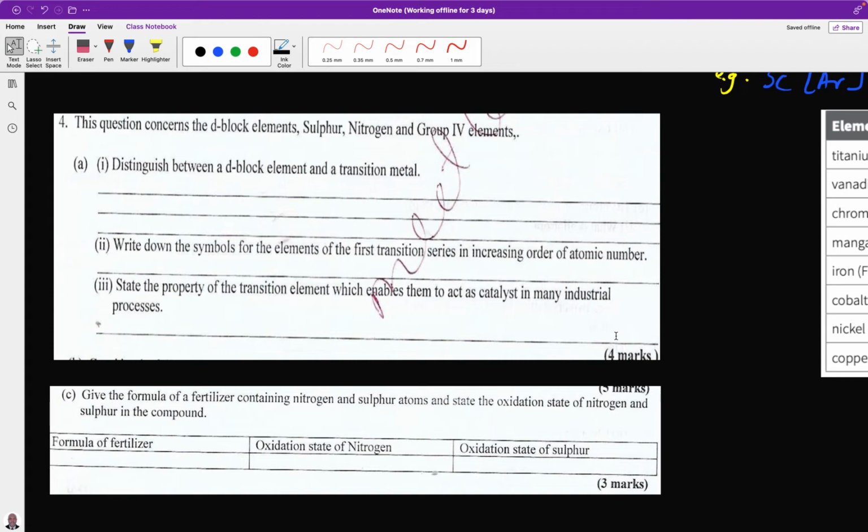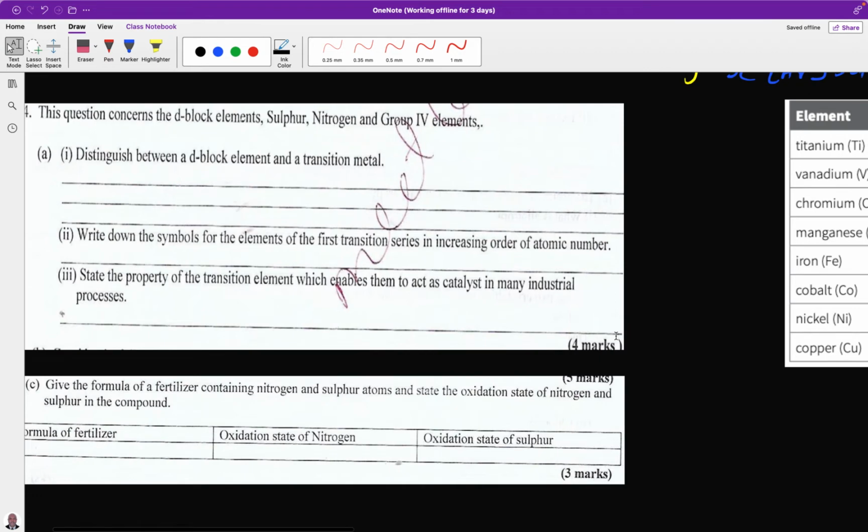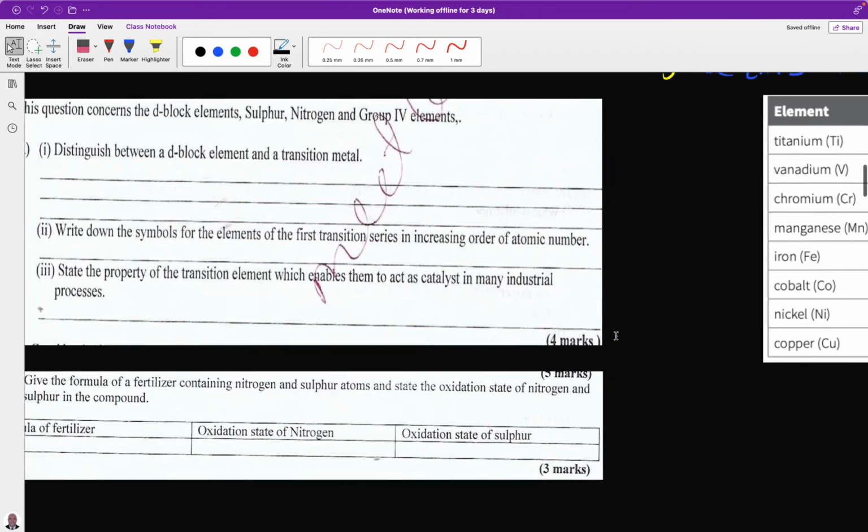Write down the symbols of the elements of the first transition series in increasing order of atomic number.